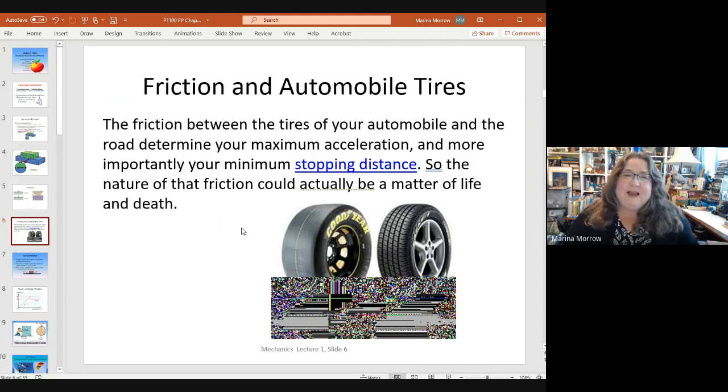And therefore your tires are not able to give you as much frictional force, which is what helps you in guiding the car and stopping the car, and changes your stopping distance. So it does make a difference how much friction there is. And that's why your tire should usually not be bald, because the rougher the tire, the better grip it's going to give you. Okay, so friction definitely matters.